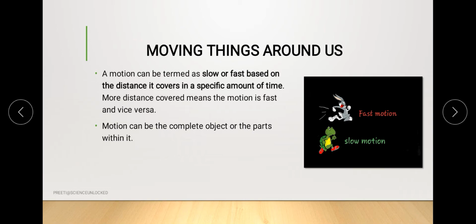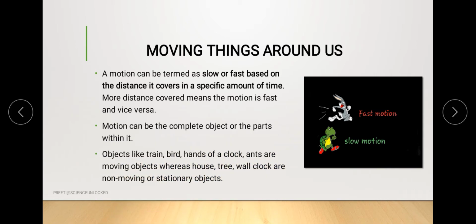In that case, the whole object under observation is moving. On the other hand, if you are simply observing the movement of the head, or let us say the movement of hands, then you will not say that the whole object is moving. It is only a part of the object which is moving. So this is one of the aspects related with motion.